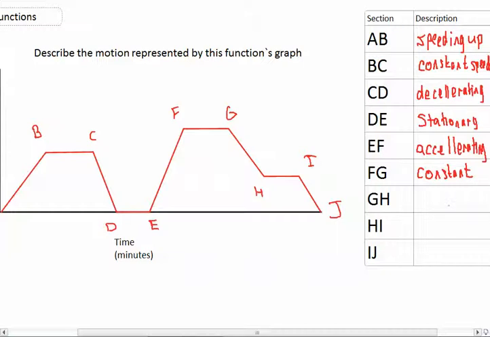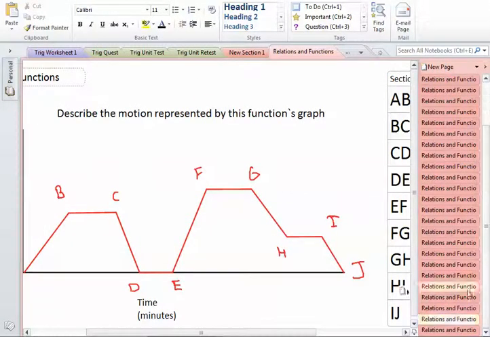And between G and H, decelerating. Okay. Between H and I, constant speed. And then finally I and J. Decelerating. Okay.